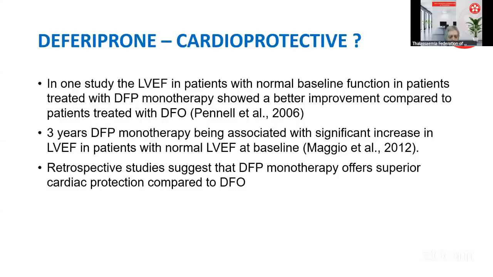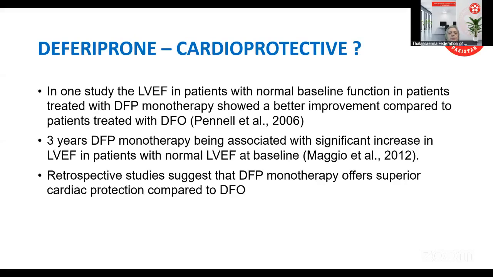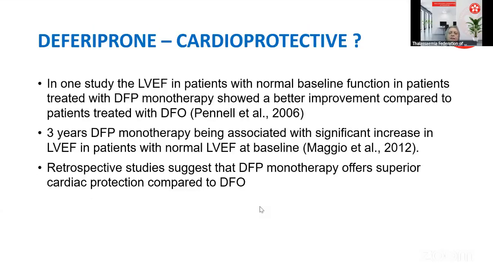That is why it is important to mention that deferriprone, which is a chelator which takes out iron from the tissues, is more cardioprotective than the rest of the two drugs, unless it is a continuous intravenous 24-hour infusion of desferol.